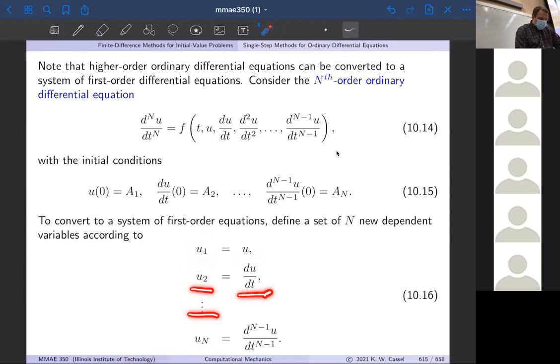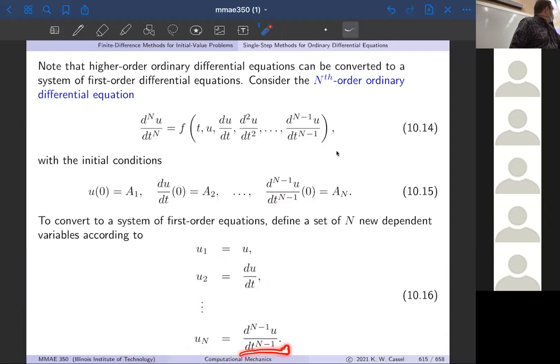Then u3 is u double dot, u4, u5, all the way down to u capital N, which will be the n minus first derivative. You can see all of these are one less derivative: 1 is the zeroth derivative, 2 the first derivative, 3 the second derivative, and so forth. So u sub n is the n minus first derivative of u with respect to t.